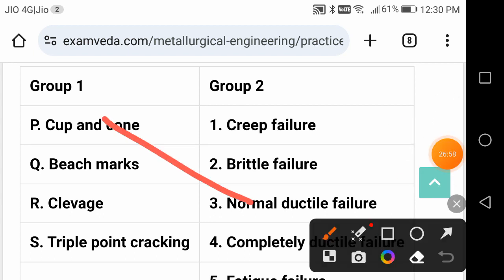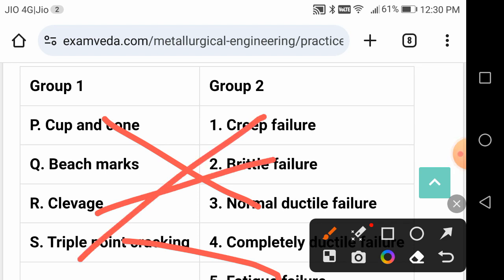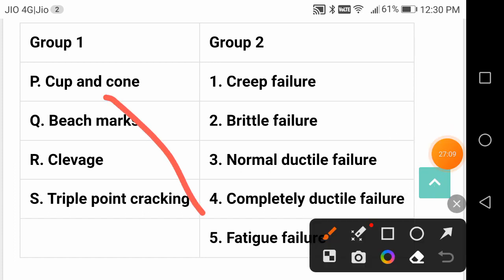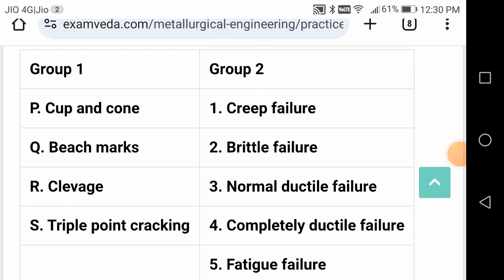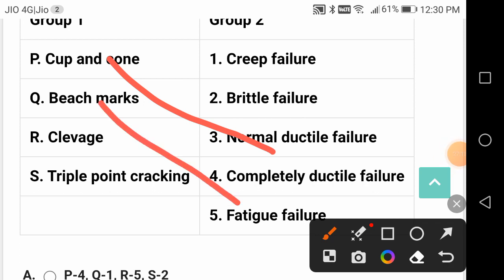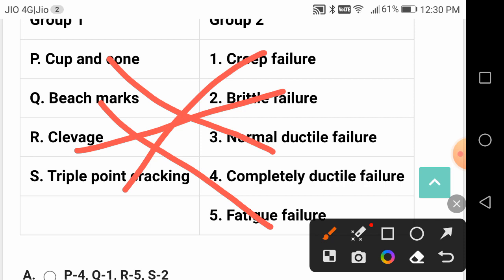So what are they? Cup and cone failure, normal ductile failure. Beach marks, fatigue failure. Cleavage, brittle failure. Triple point cracking, creep failure.